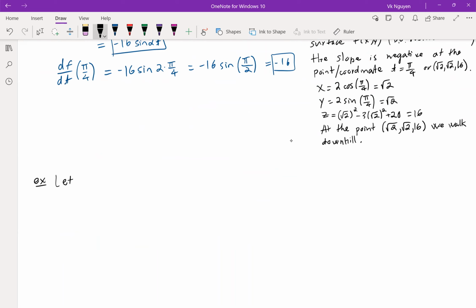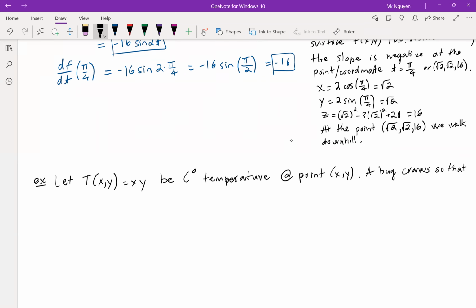Let T be the temperature in degrees Celsius at point (x, y) across which a bug crawls, so that its position after t seconds is given by x equals root of 1 plus t and y equals 1 plus 1 over 2 t.